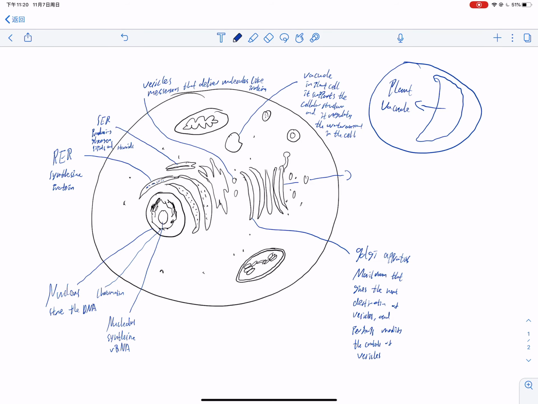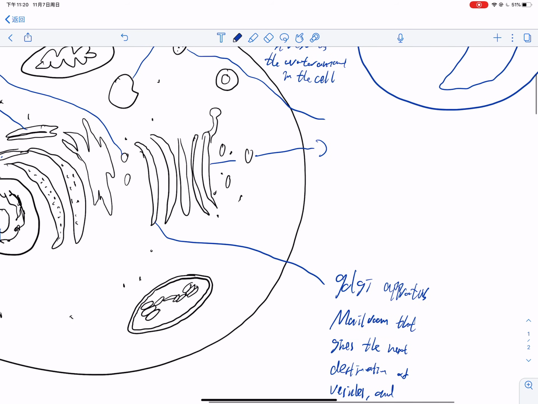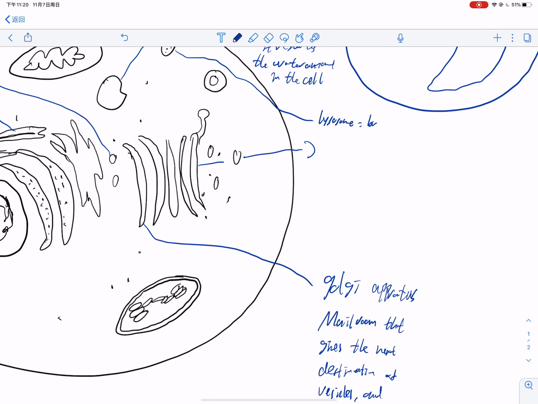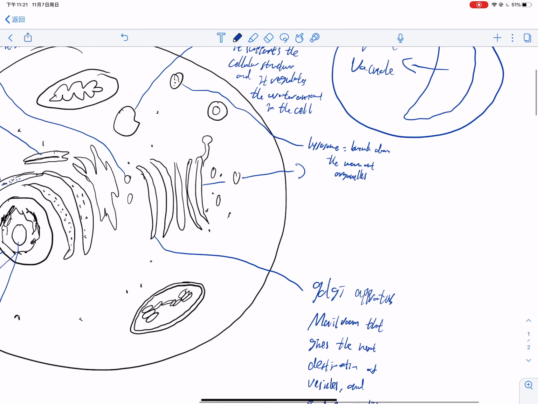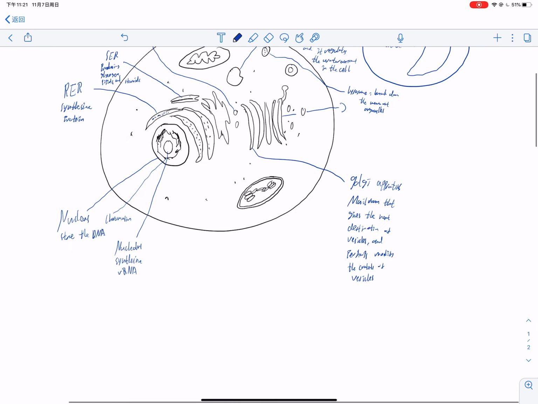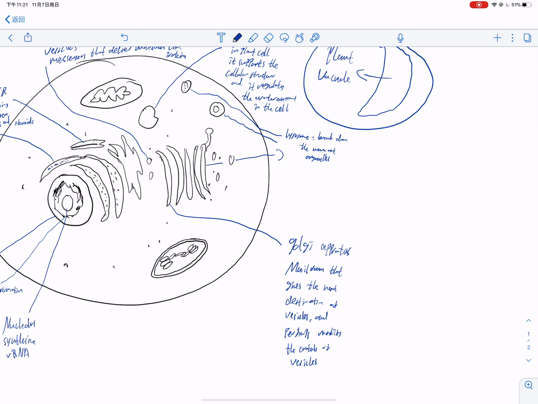And this thing with some dots in the middle is the lysosome. The function of the lysosome is to break down worn-out organelles and other larger molecules. And this thing is the peroxisome.